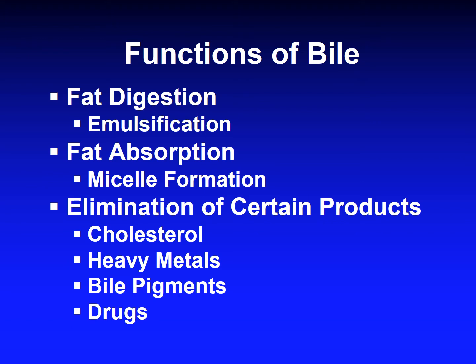Let me show you the structure of bile first, and then we'll talk a little bit about how the digestion of fat and the absorption, which I mentioned in the first 2 points, take place.